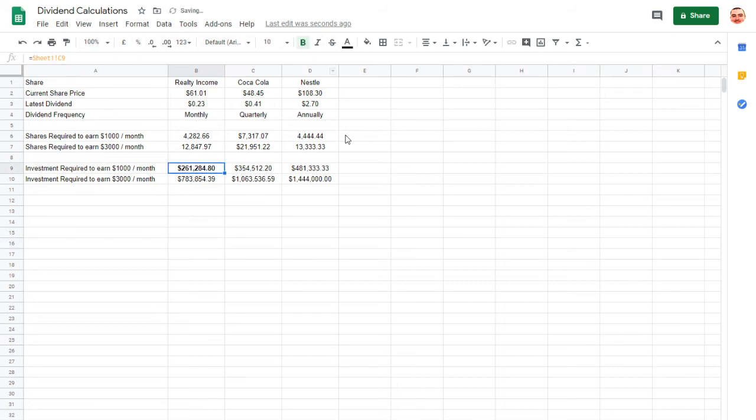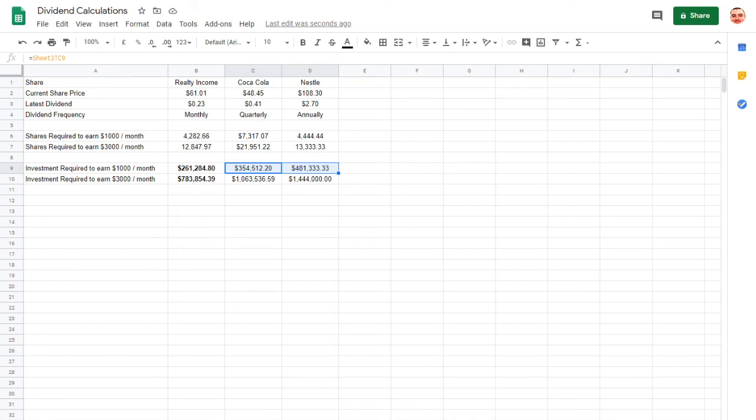Realty Income in this case would be the one that would require less upfront to get the same $1,000 or $3,000 a month. Now, the downside of having a quarterly or an annual dividend would be that you would have to manage the money for the extra period.